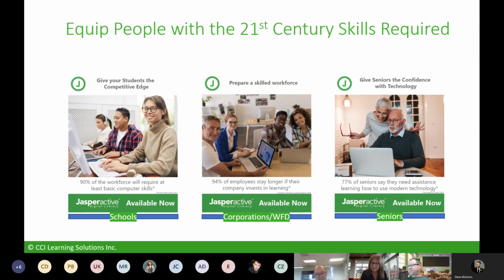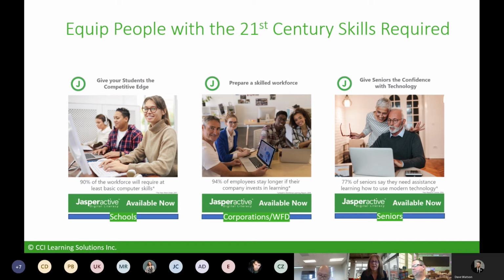We know that corporations and workforce development have those needs as well in order to be more productive. And from a corporate perspective, if you have somebody that is proficient in technologies, they're going to reduce training time, and they're going to increase productivity and profits. And we know corporations like that.